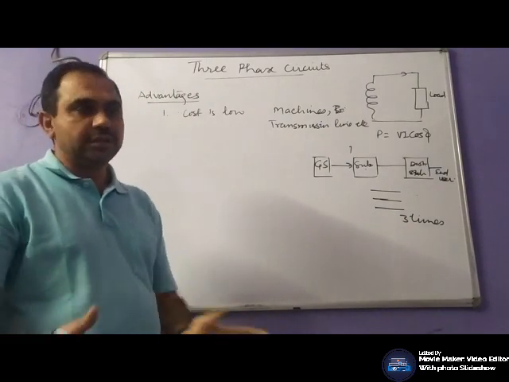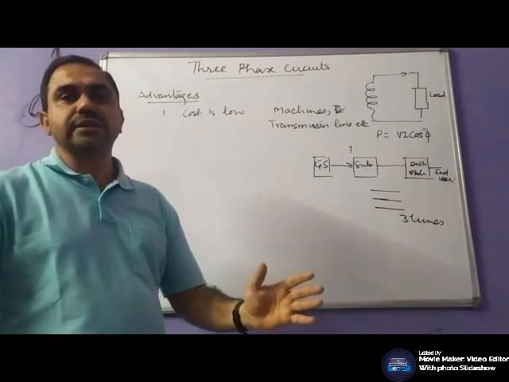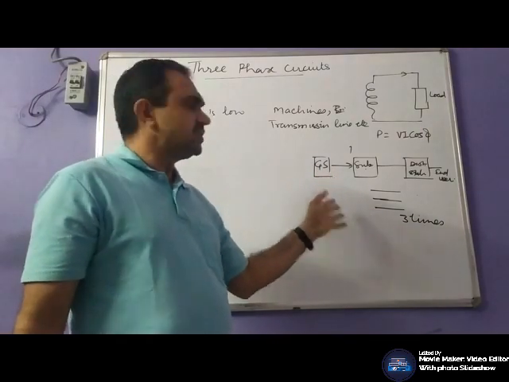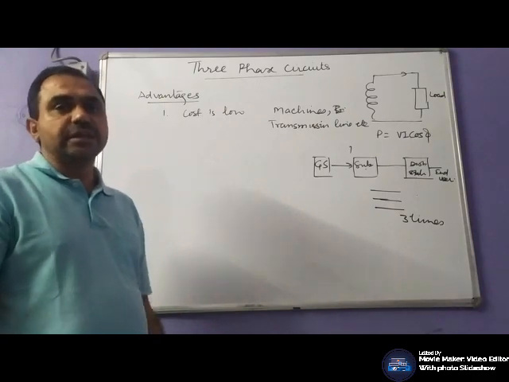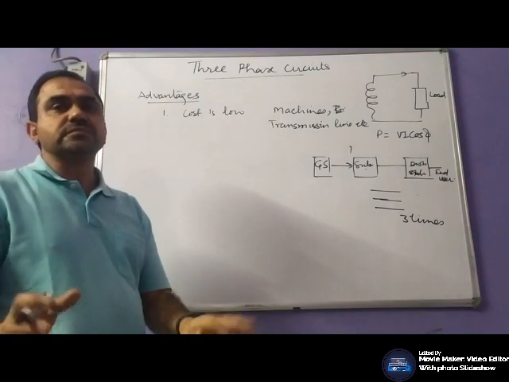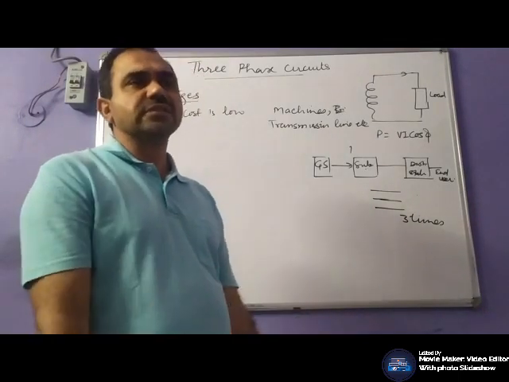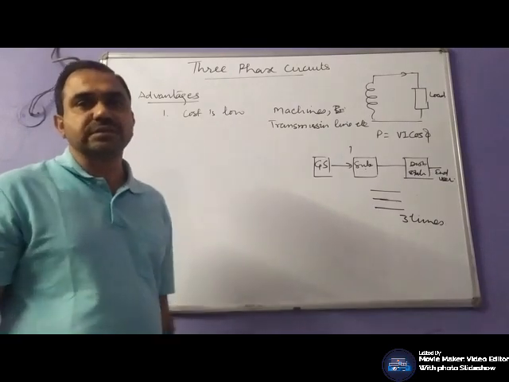In transformer, the size of the core is not too expanded in comparison to single phase. It means the cost of devices is same. That's why in our industrial applications, most of the applications are of three phase system. Whereas in case of domestic applications, we use single phase. These are the exceptions.